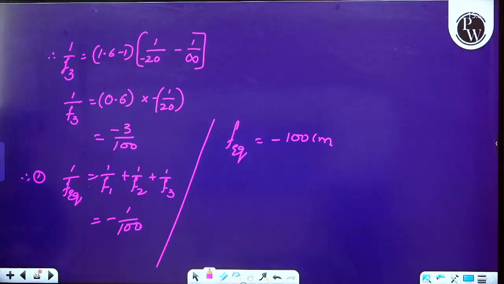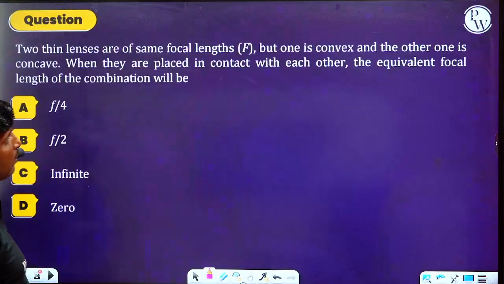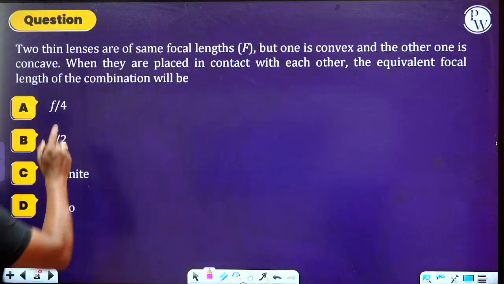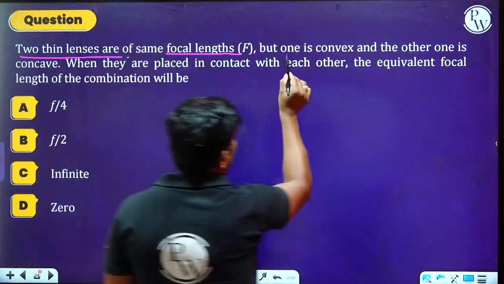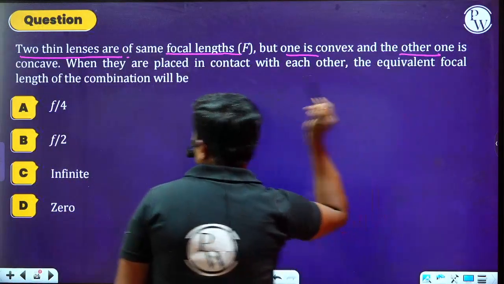Similarly, move on to the next question. What are they saying to us? Please observe this. Two thin lenses of focal length f, but one is convex and the other one is concave.